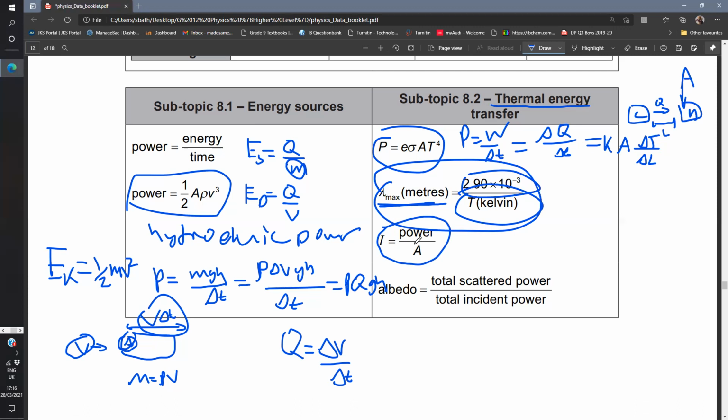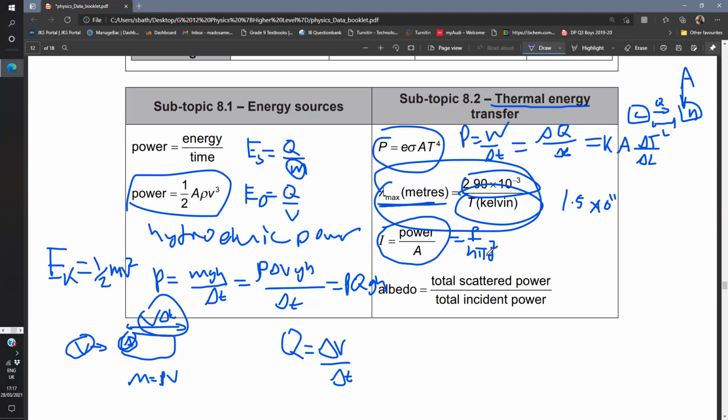And so now I'm going to be explaining how we're going to derive the solar constant. So I is equal to power over the area, power over 4 pi d squared. The distance between the sun and the earth is 1.5 times 10 to the power of 11.